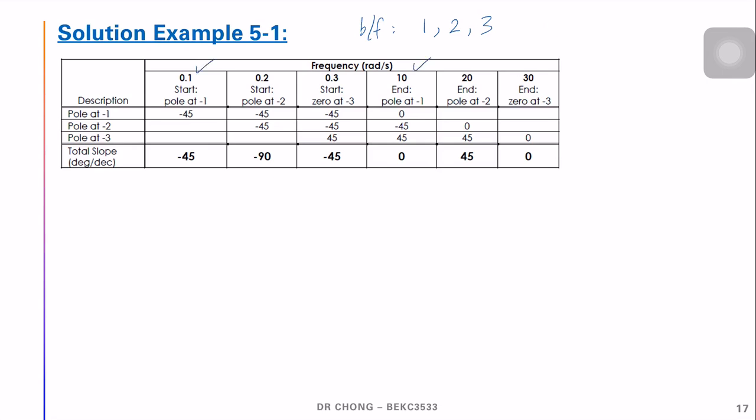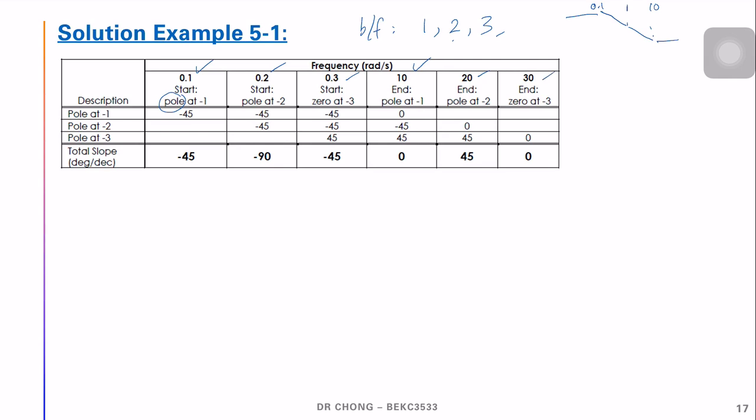Okay, so if it's a pole, let's say this is 1, here is the 0.1, here is the 10. So this is how the thing happens, right? Then now we know 2 gives 0.2 and 20, and 3 gives 0.3 and 30.